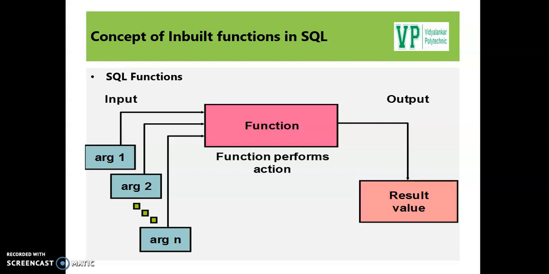You can see in the diagram, argument 1, argument 2, argument n, these are the inputs for the function, and this function produces one output, that is nothing but the result value of that function. But the main feature of a function is it can take multiple inputs, but it produces only one resultant value, that is nothing but only one result.